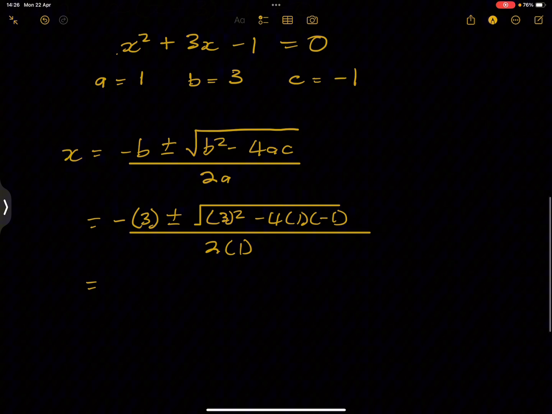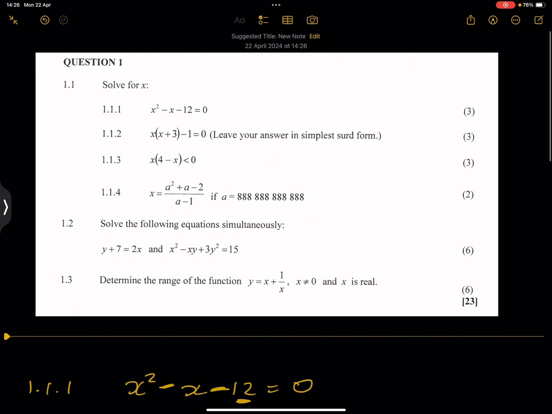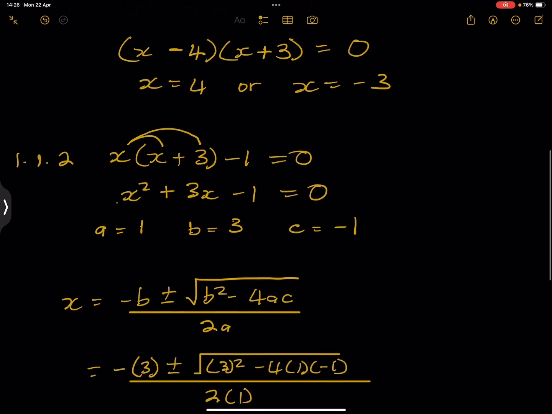To simplify this further, this would be minus 3 plus or minus the square root of, and if we take that under the square root, that's 9 plus 4. Negative times a negative will be a positive, so 9 plus 4 gives us 13. So this is plus or minus the square root of 13 divided by 2. Now remember what they said to us: leave your answer in simplified surd form.